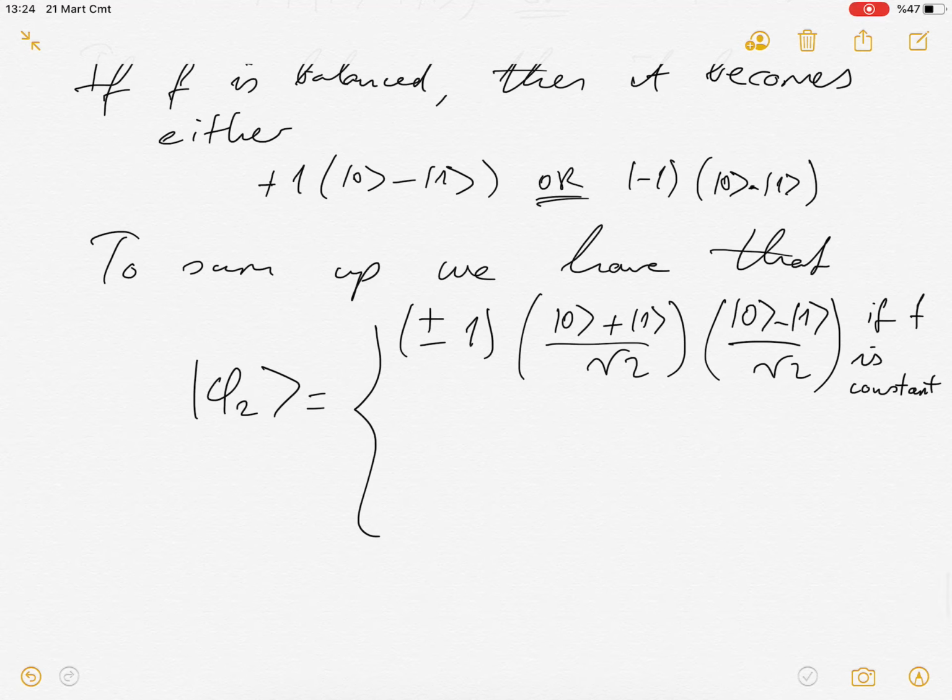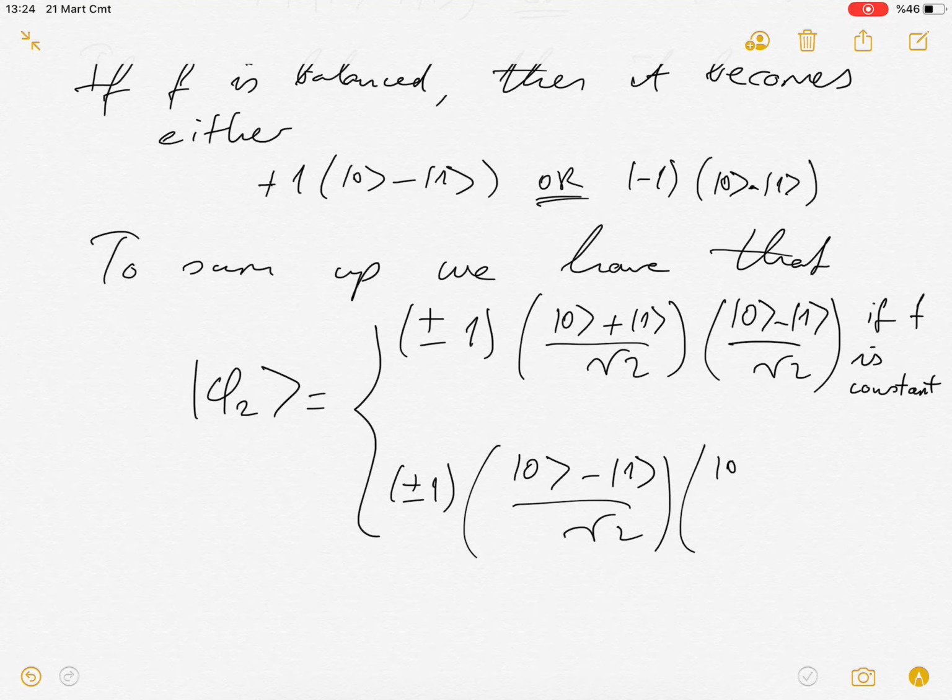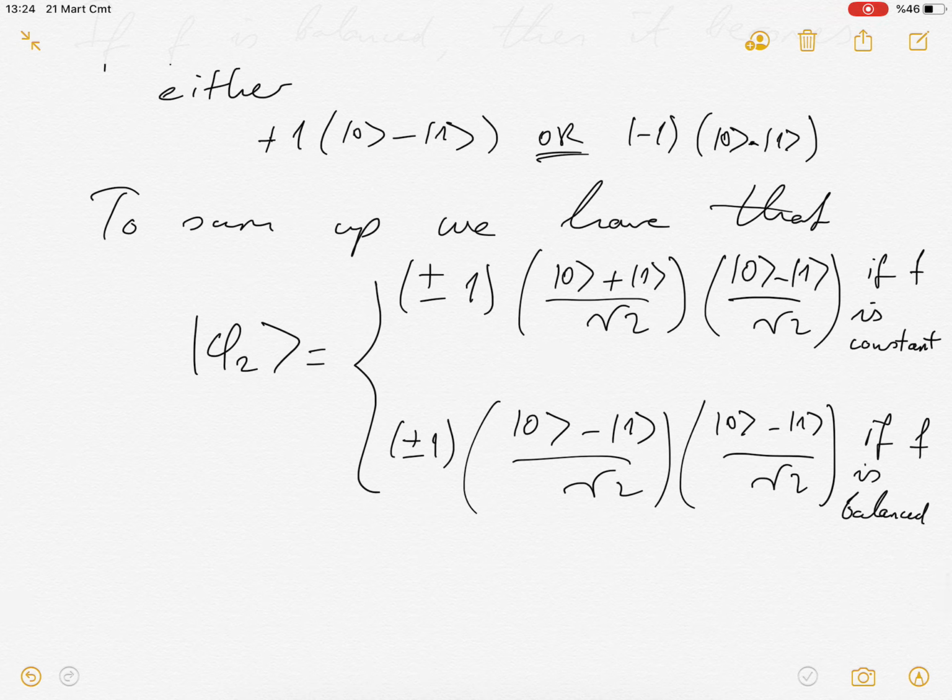Okay, if f is balanced, then we have plus minus 1 times (ket 0 minus ket 1) divided by square root 2. The second qubit will be the same. And this is when f is balanced. All right. So phi 2 will be in one of these states depending on whether f is constant or balanced. Okay.